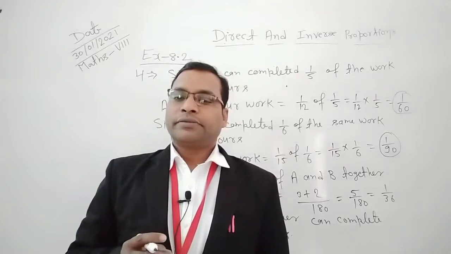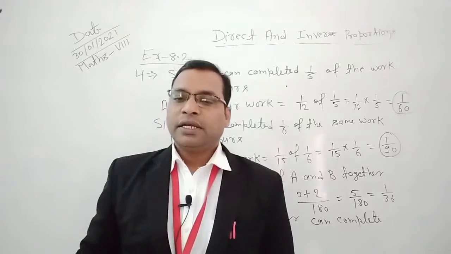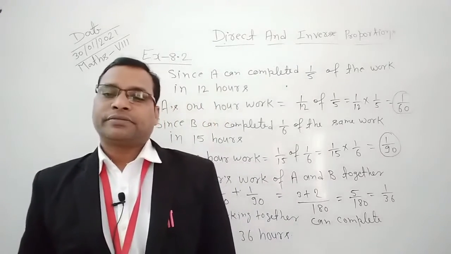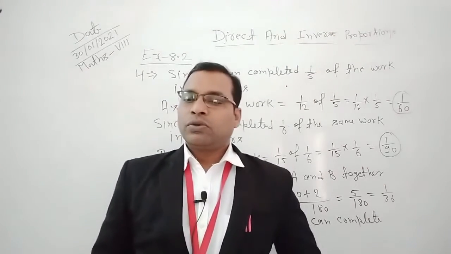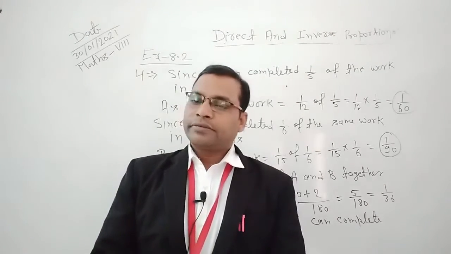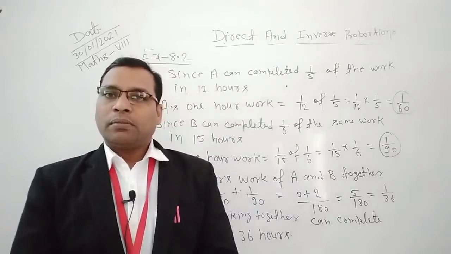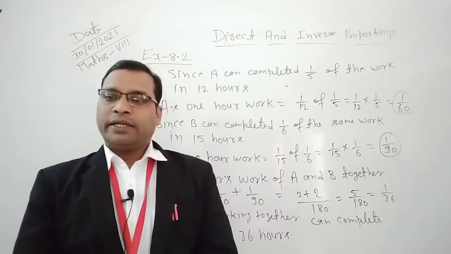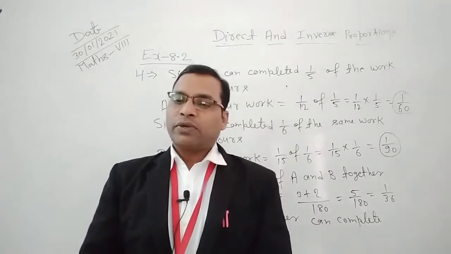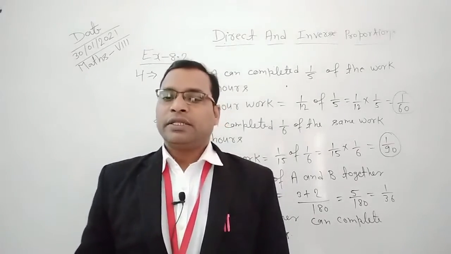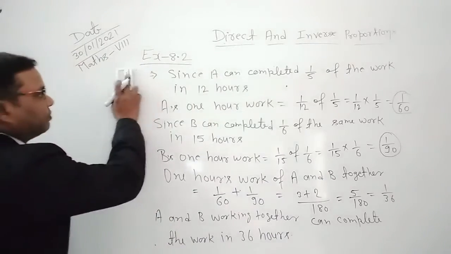You need to find the number of days taken by A to complete the remaining work, that is the remaining work divided by the work done by A in 1 day. If you solve this, then you get 18 days. Let's see how to solve this question. First we erase this, and then we solve question number 5.